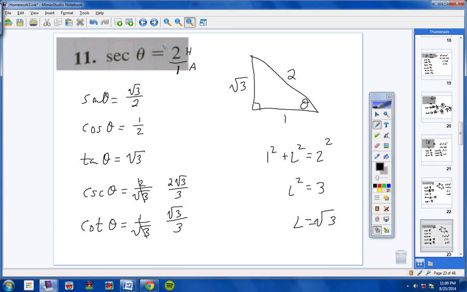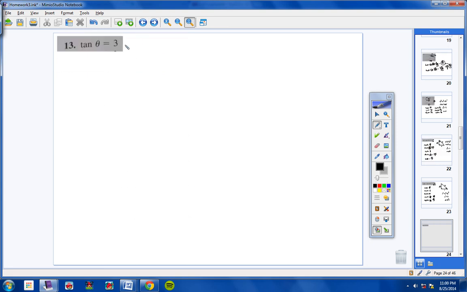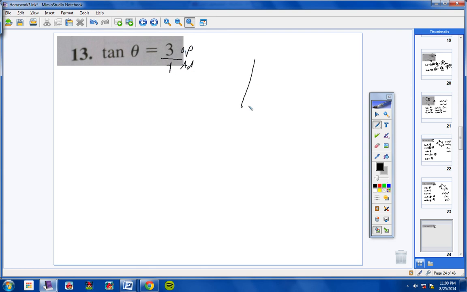Okay, let's take a look now at number 13. The tangent of theta is 3 over 1. And we know the formula for tangent is opposite over adjacent. So here's my right triangle very quickly. Not exactly super straight.